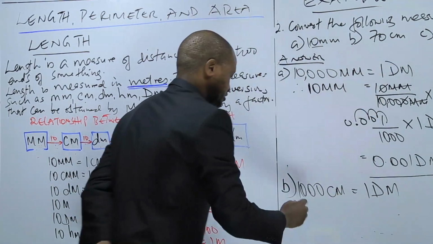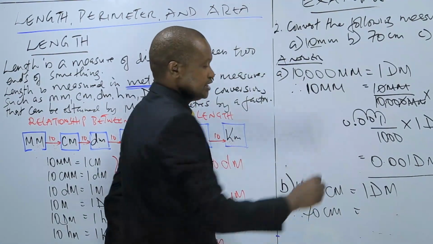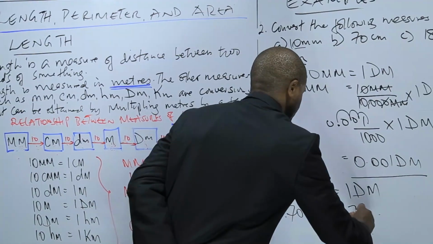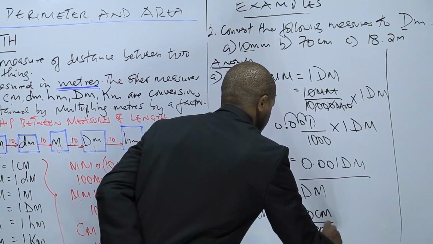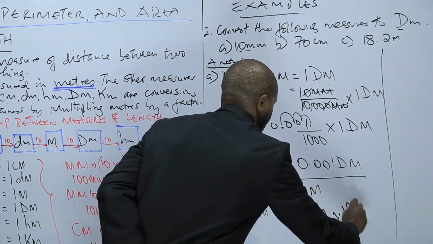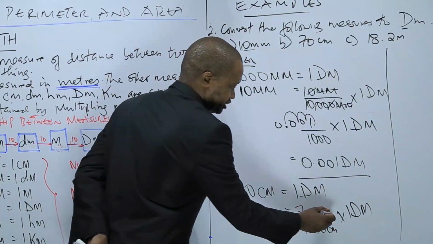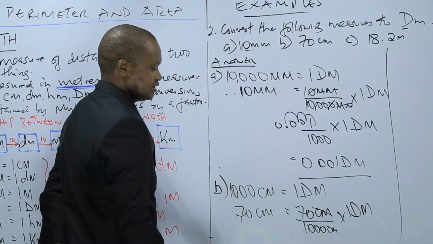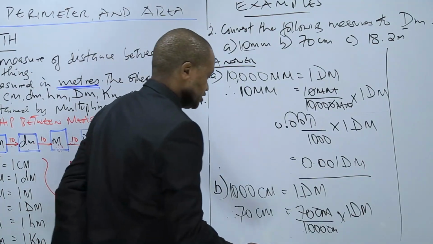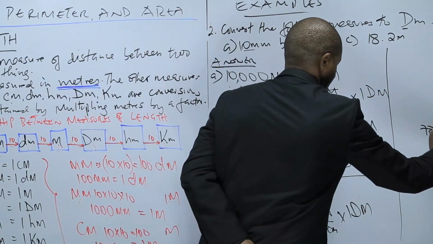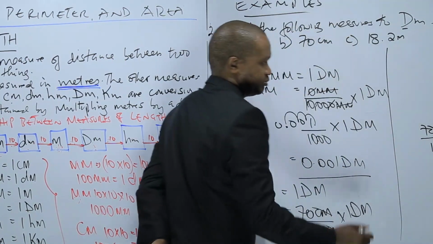Therefore 70 centimeters will be equal to how many decameters? So reciprocal, 70 centimeters divided by 1,000 centimeters times 1 decameter. This centimeter will cancel out with this centimeter. Then we have 70 divided by 1,000. The decimal point is here.